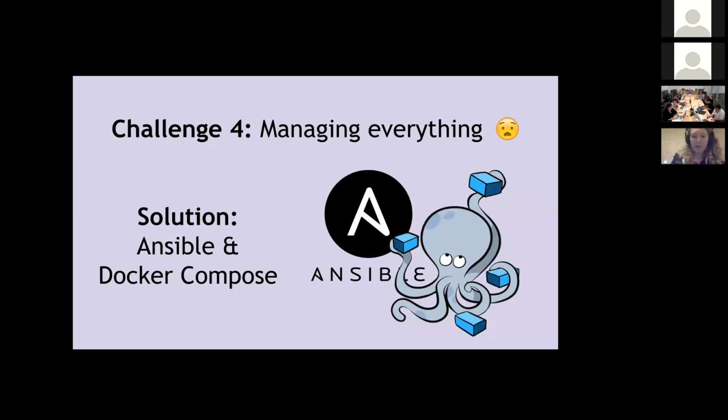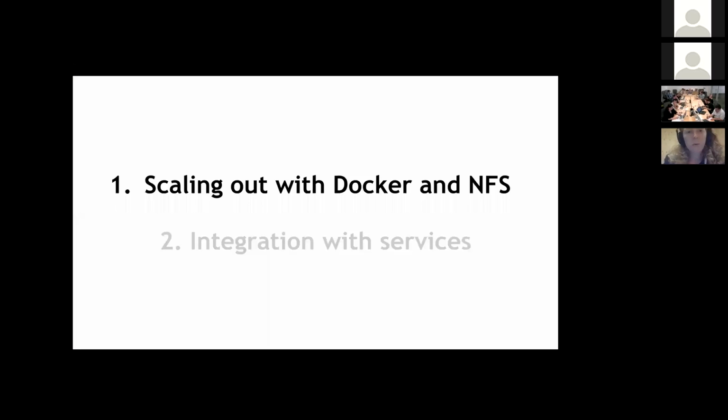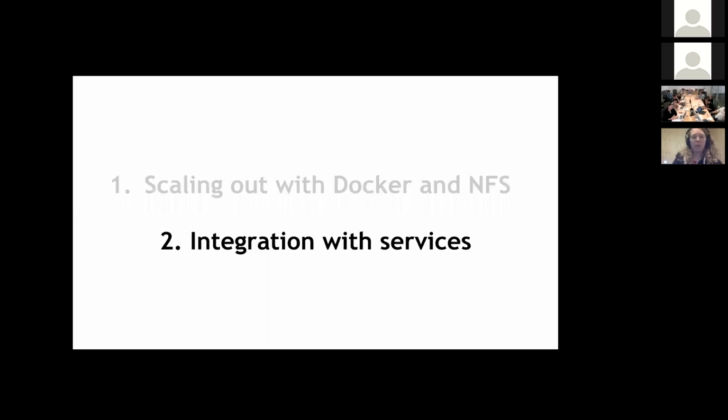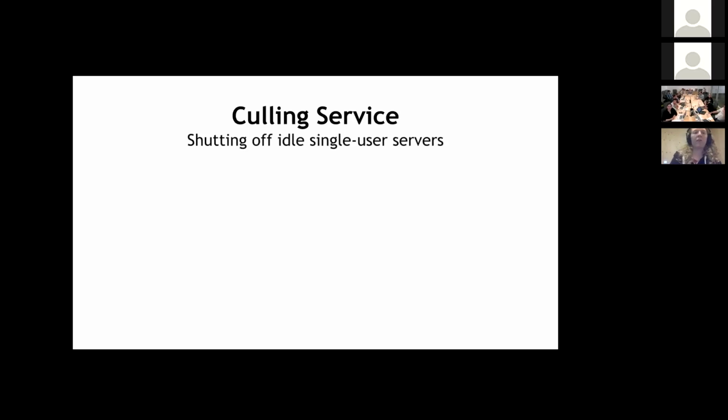All right, so that was sort of the big picture of how we actually scaled this out with Docker. And so the next part I'm going to talk about is a little bit more about these other services that I talked about. So we had this culling service, which the job of the culling service was to shut off single user servers if they're idle.